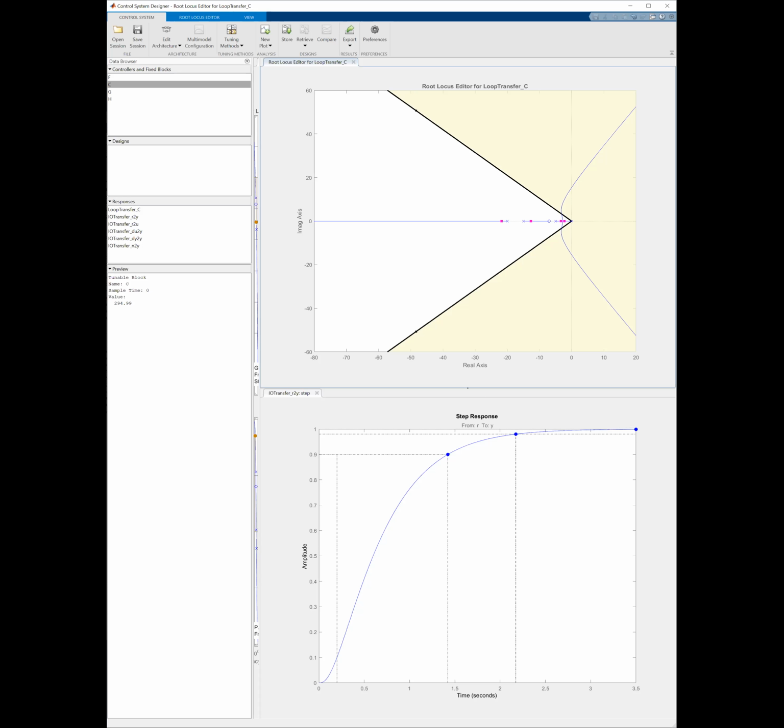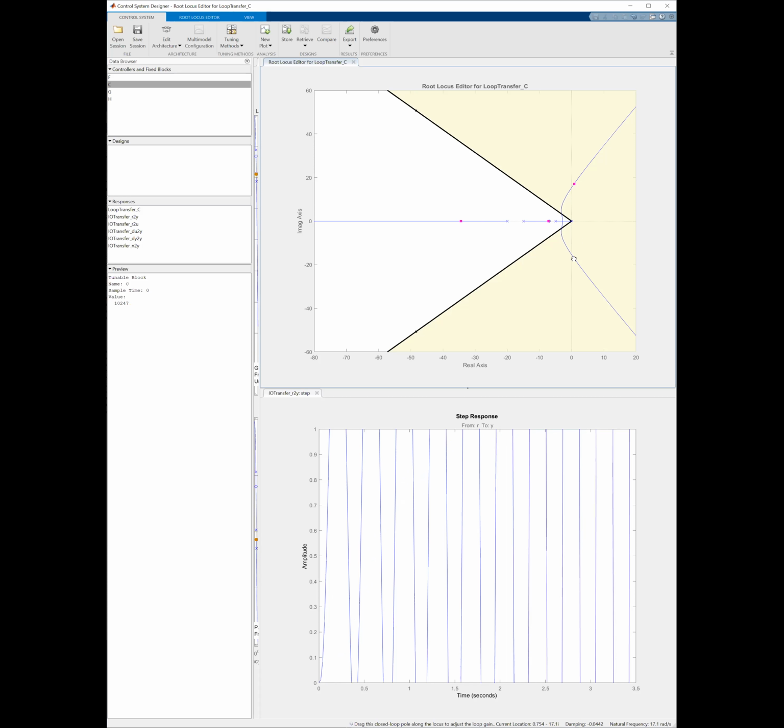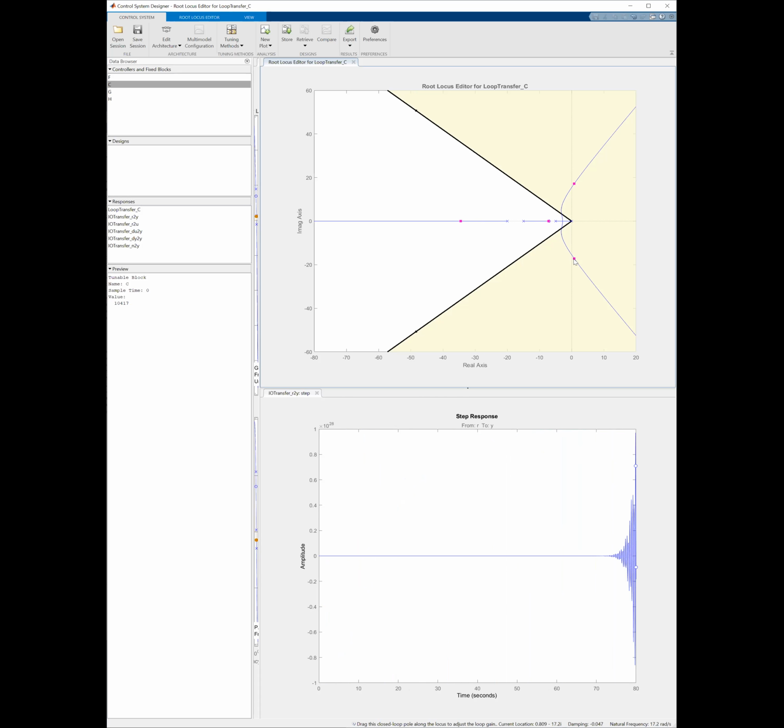So check this out. What I'm going to do is change these values. And please note, if for some reason I am in the yellow region, my performance specifications are not met.